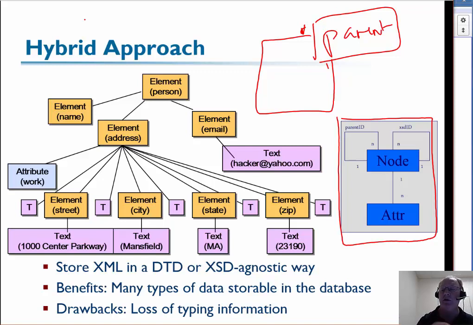Let me give a concrete example, perhaps it'll help. We saw this before with something like an employee, where some employees are supervisors or managers. So I may have a manager ID here, which is a foreign key back to the relation itself.